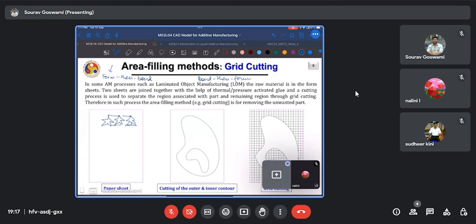In the other case, when I am bonding and then forming, I first bond the sheets together. And finally, when they're bonded together, I perform the subtractive operation on all of them to obtain my final geometry.